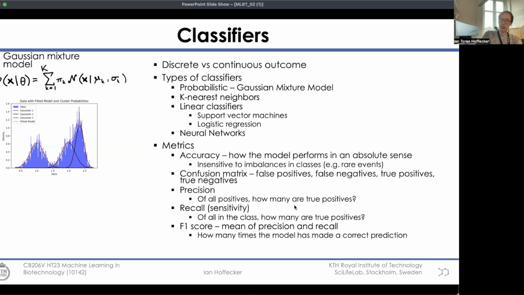So these ratios: in the case of the precision, we're asking the question, out of all positives, how many are true positives? In the case of recall, out of all in that class, how many are true positives? And this becomes a kind of sensitivity metric. And then the F1 score combines these ideas. So it's the mean of the precision and recall. And we can think of this as essentially how many times the model has correctly predicted the result.